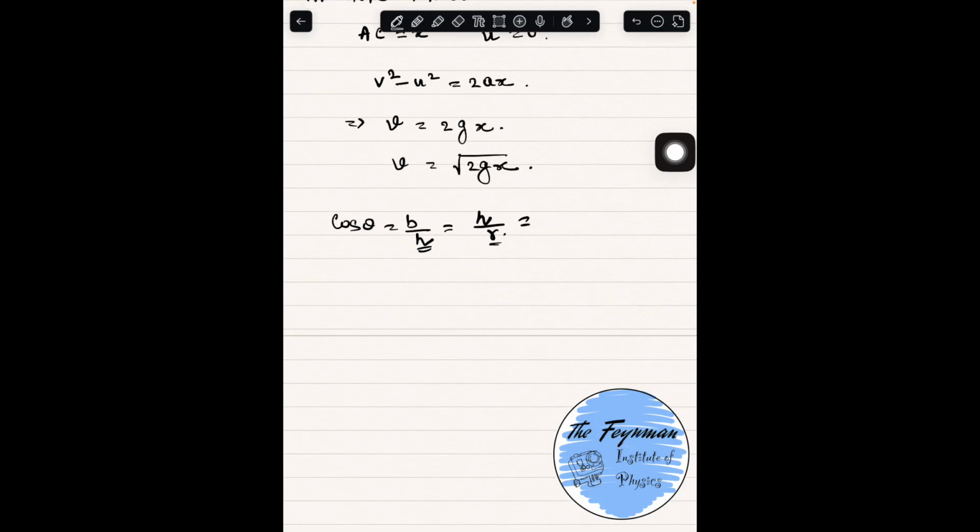Now we can substitute this into m v square by r is equal to m g cos theta.